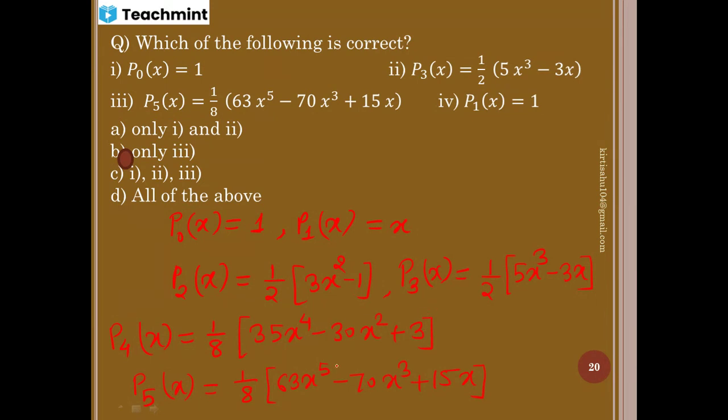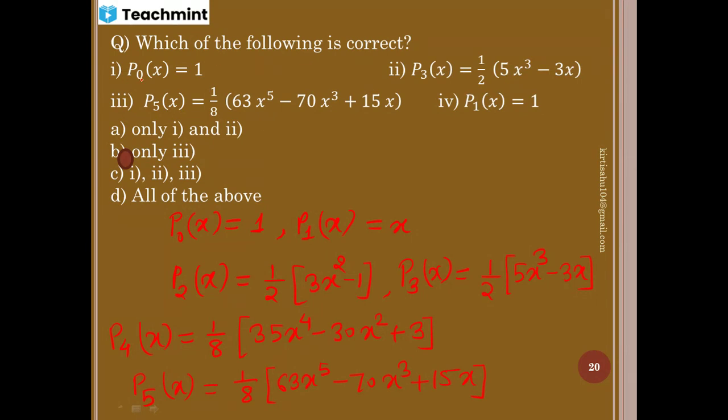Power 5, so highest power 5, after 5, the next odd term is 3. After 3, we have power 1. So in this way, sometimes just by making use of simple logic, you can identify which of the options are incorrect, right?